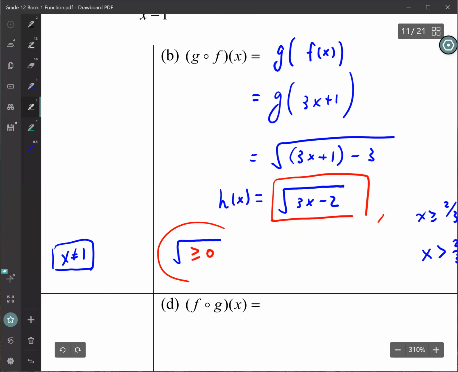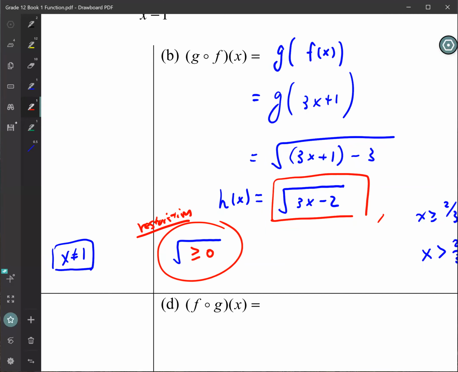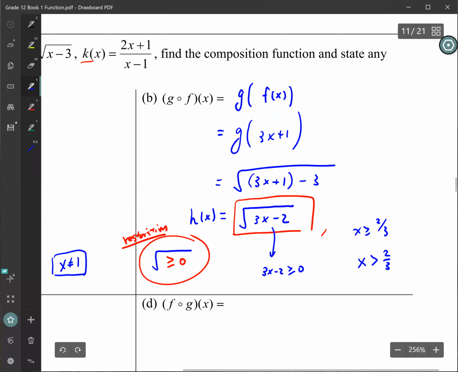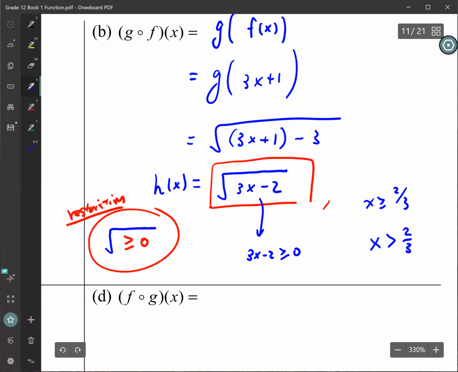So make sure you write this down. This is for any square root restrictions. Okay, you focus on the inside. So the thing inside here is 3x minus 2. So you grab this inside, and then you make it greater and equal to 0, and isolate the x from here. So we move the 2 over, right?